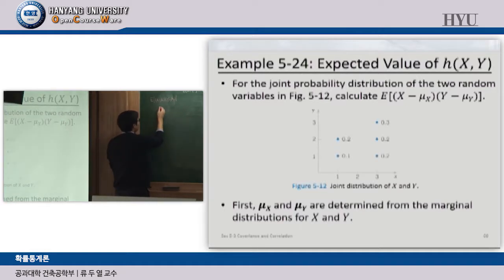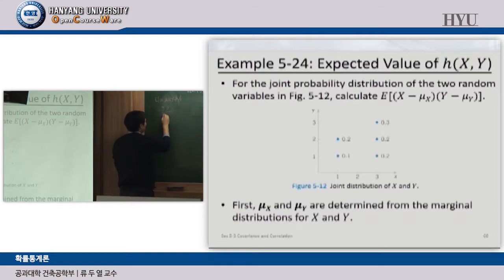And this is equal to the double summation, from y equals 1 to 3 and x equals 1 to 3, of (x minus mu x) by (y minus mu y) by the joint probability mass function f x comma y.